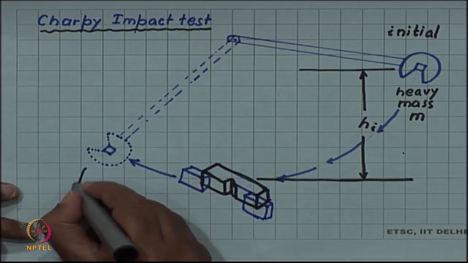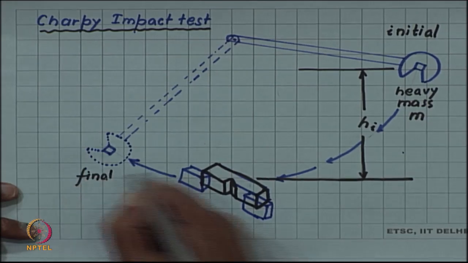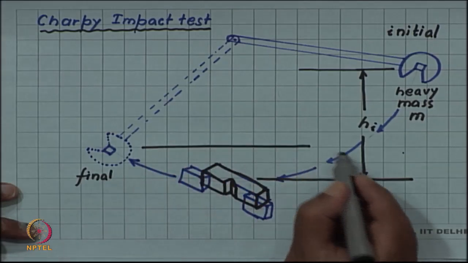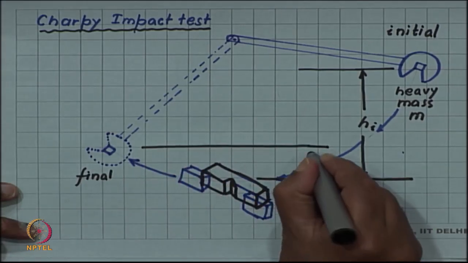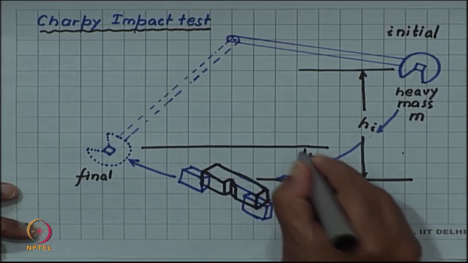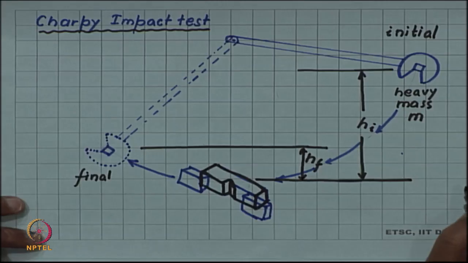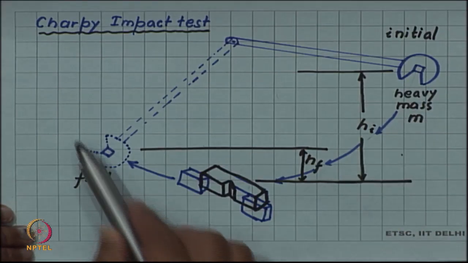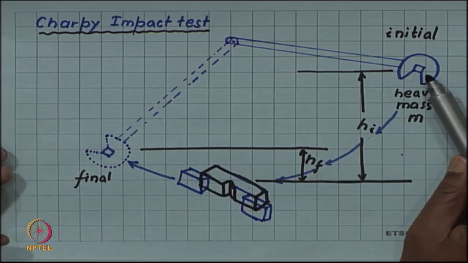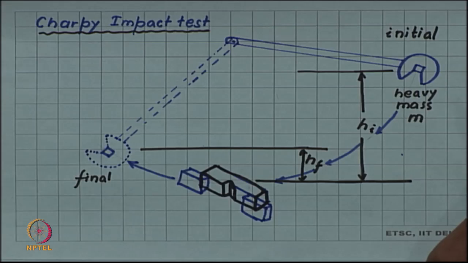So, this is the final situation. It will rise up to a final height h f. Now, if the sample was not present, then the pendulum will swing to the same height on the other side as it was released by the energy conservation.